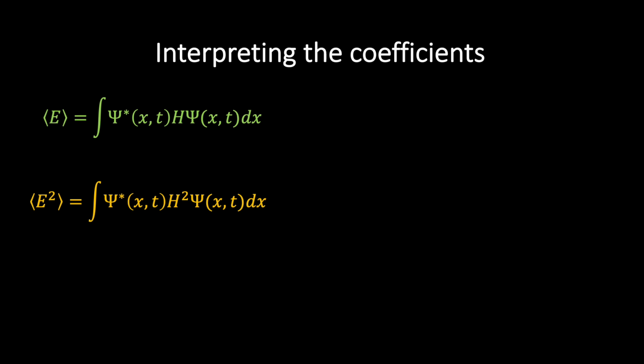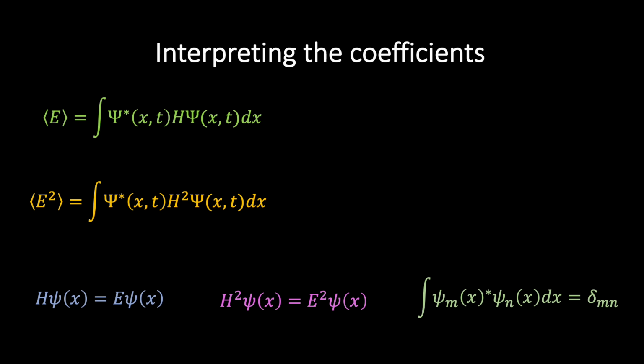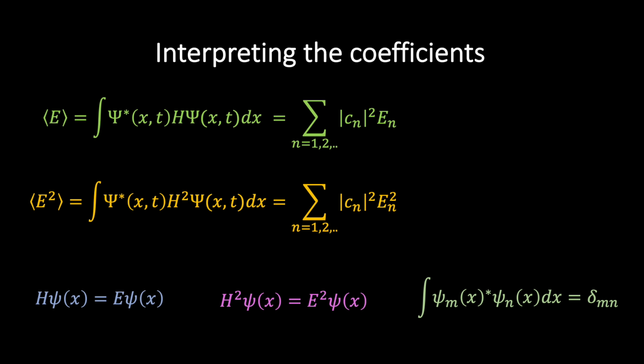Now, in order to evaluate these integrals when the wave function is a superposition of eigenfunctions, we use the energy eigenvalue equations we encountered earlier, as well as the orthonormal condition. If we then make use of these relations to evaluate the expectation value integrals, we find that the expectation value of the energy is given by the following green expression, and the expectation value of the energy squared is given by the following yellow expression.